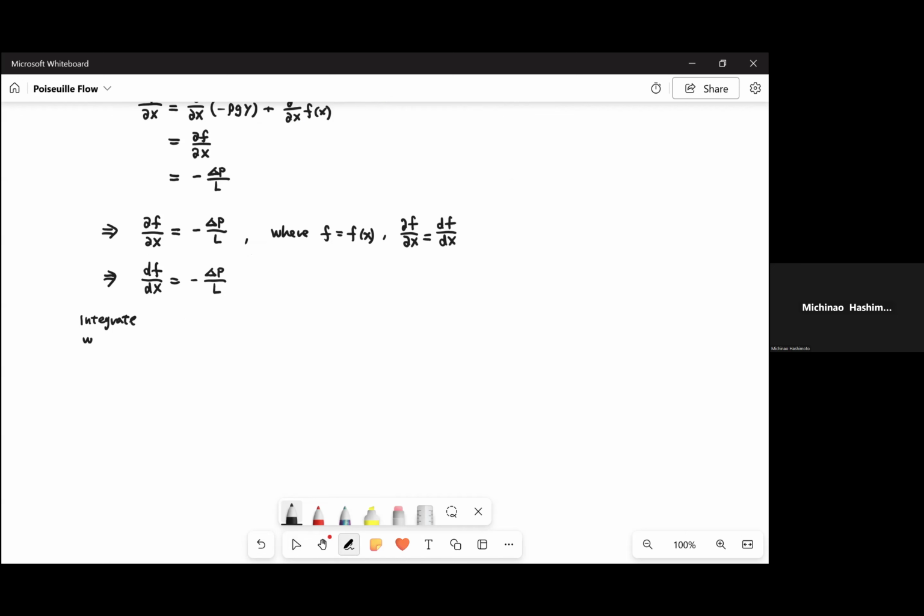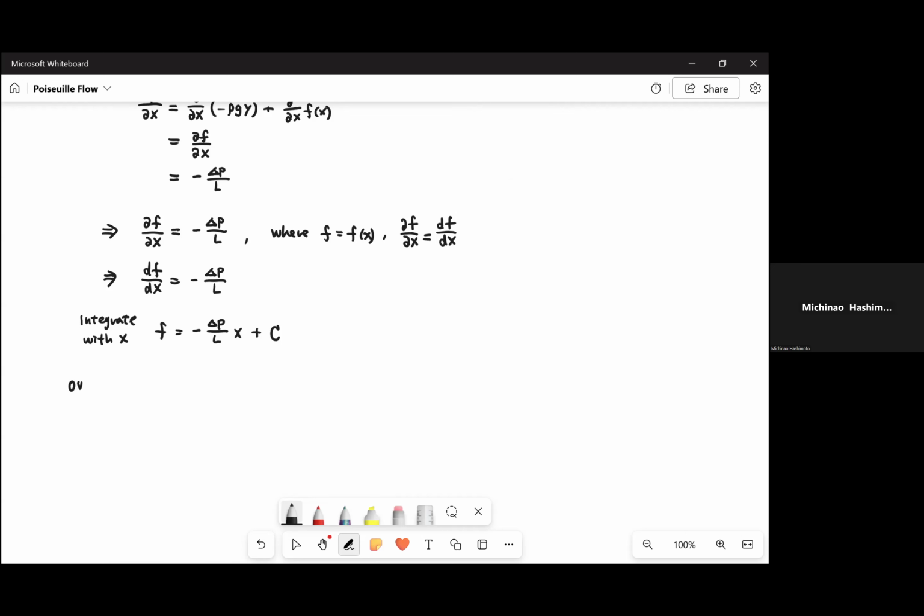Then integrate with respect to x. If you integrate with x, what you have here is f equals minus delta P over L times x plus some constant. Now we know that we have found the complete solution.